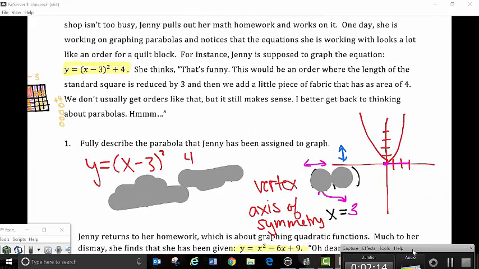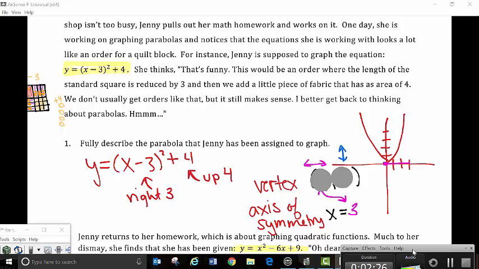Anyway, let's look at the parabola in her homework. The parabola in her homework was this one, okay? Thinking about what we've done with graphs before, we know that this negative 3 shifts it to the right 3 and up 4. Go back and look at 2.1 and 2.2. Well, if the original graph is this, that means it went to the right 3 and up 4.